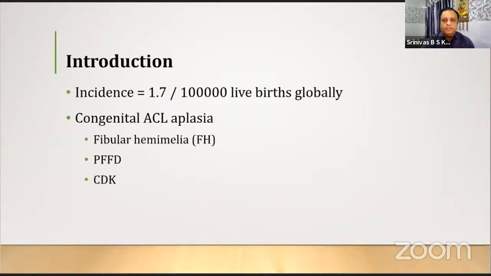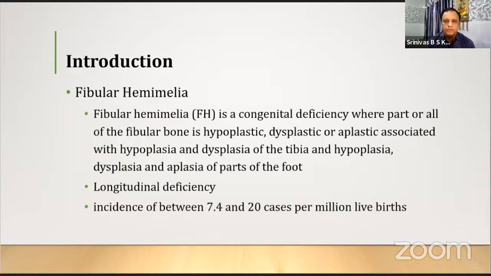Congenital aplasia of the ACL is a rare condition with an incidence of 1.7 in 100,000 live births globally. The most common associated conditions are fibular hemimelia, proximal focal femoral deficiency, and congenital dislocation of the knee, but it can occur as an isolated case. The case here is one of mild fibular hemimelia.